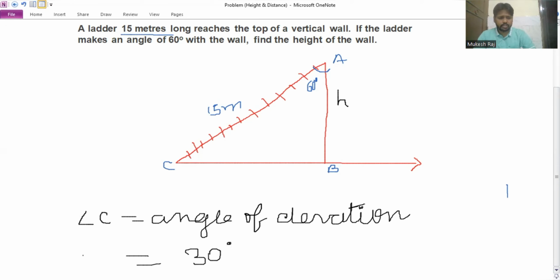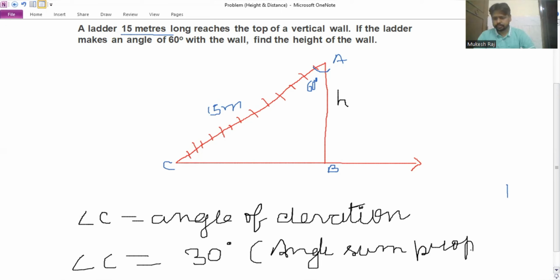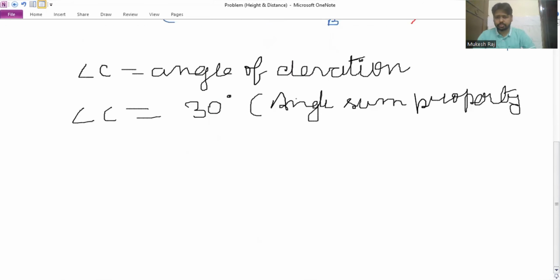And how can we get it? We can get it directly by using the angle sum property of a triangle, which is equal to 180 degrees. With this, we can move ahead.